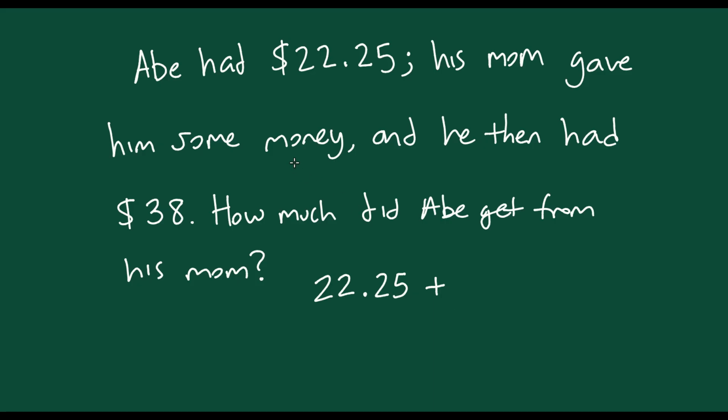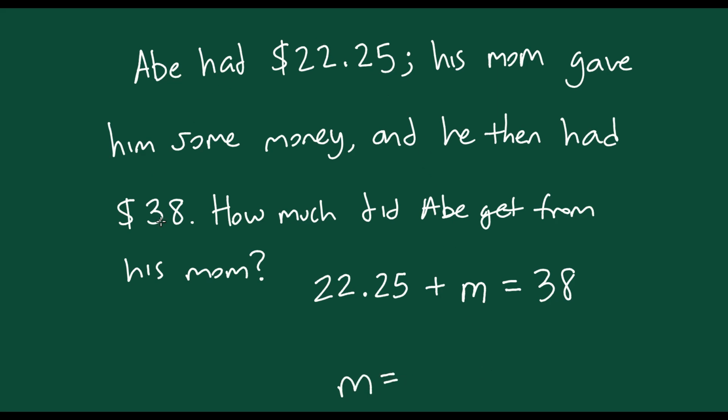For me, since we're talking about money, I'm going to say m. Okay, that's our variable. The money that Abe got from his mom, that's m. After his mom gave him money, he then had $38. How much did Abe get from his mom? How much is m? What is m? That's what we want to solve.